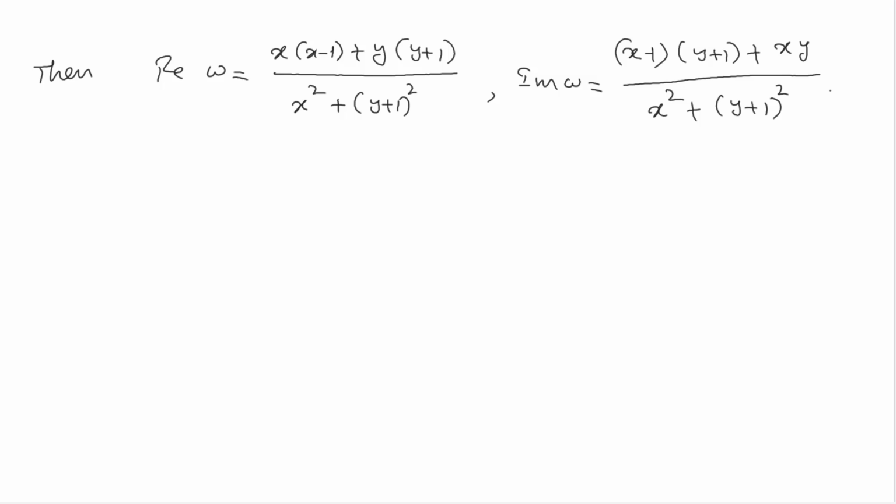Now by just looking at the denominators of the real part of w and imaginary part of w, we can see the denominators are both the same, and those are nothing but x square plus (y plus 1) whole square, which is always positive, since x and y are real numbers, and of course any square of a real number is non-negative.